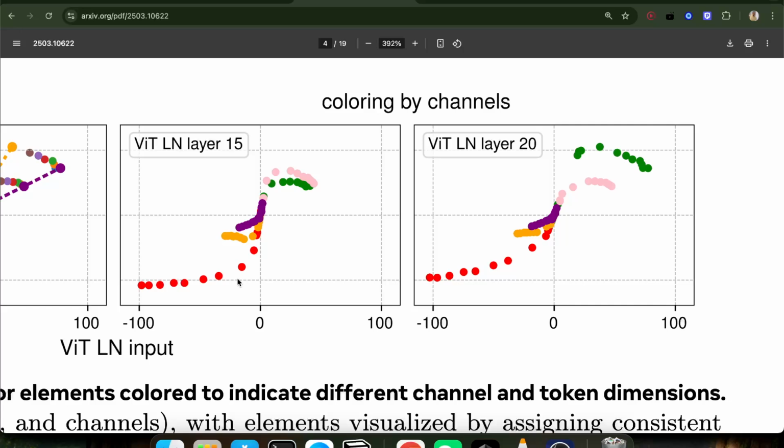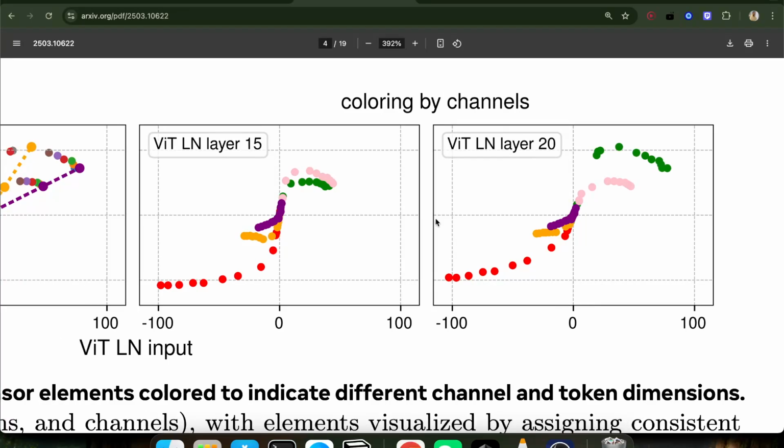The reason they look like tanh S curves is because layer normalization works such that the higher the value on the x-axis, the more it's going to get squished and made smaller on the y-axis. So the shape, length and look of this S-shaped curve depends on the variance of the values.